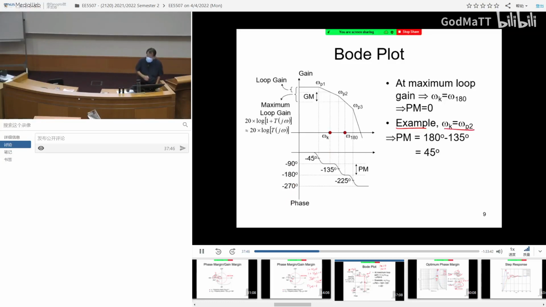If I pick my ω_k, my unity gain frequency, to be my second pole, so let's say I move this guy to here. Okay? I make ω_k equal to ω_p2. If you look down, the phase is actually -135 degrees. So the phase margin, if you use 180 degrees minus this guy, you get 45 degrees. So your phase margin is actually 45 degrees.